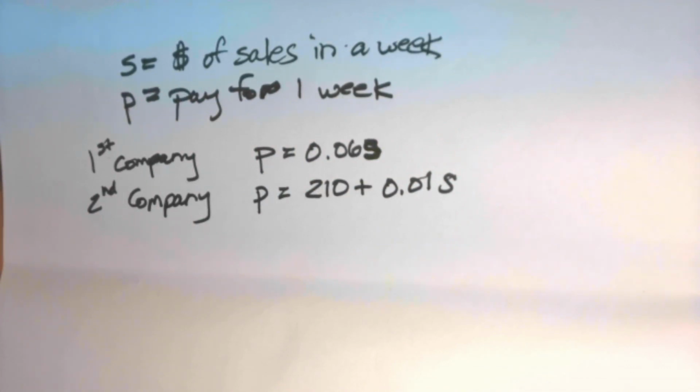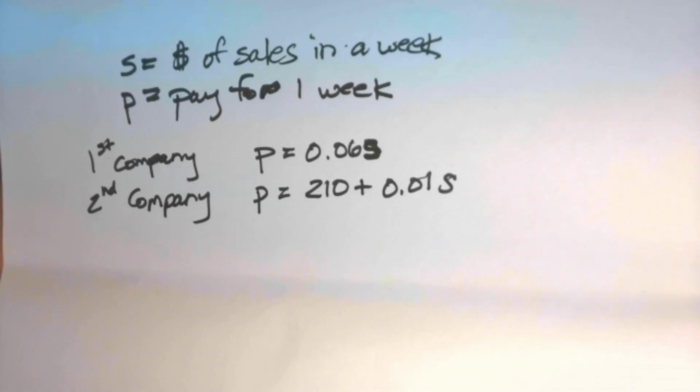I've got two variables, I've got two equations, and I'm trying to find out where those are going to be equal. When the pay is the same on those, then I'll know how much sales I'll have to make.